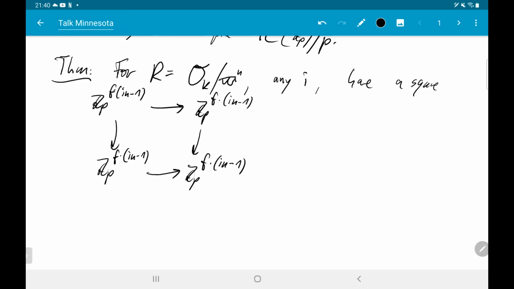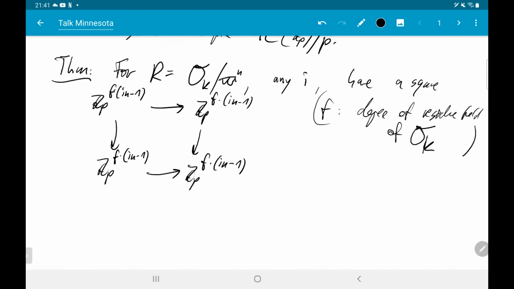So the degree is f times (n minus 1), where i is the number here, n is here, and f is the degree of the residue field of K. So in this case, Z mod p^n, that's just 1. So in that case, just ignore f.